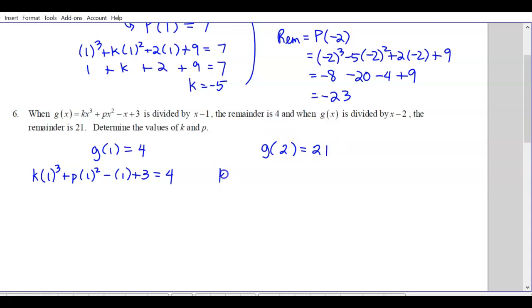So then that's going to be k times 2 cubed plus p times 2 squared minus 2 plus 3 equals 21. So simplify both of those, get it down to k's and p's, and then solve the system.